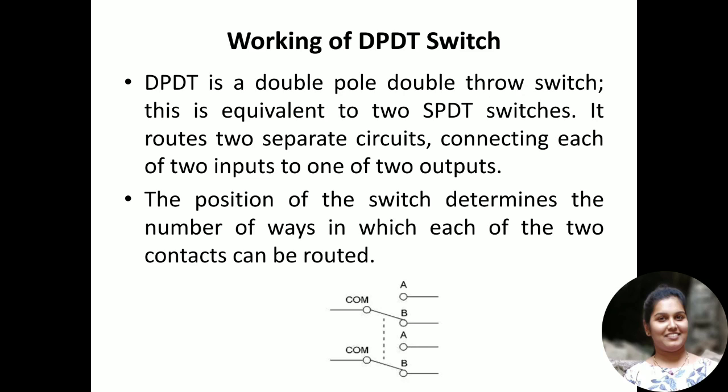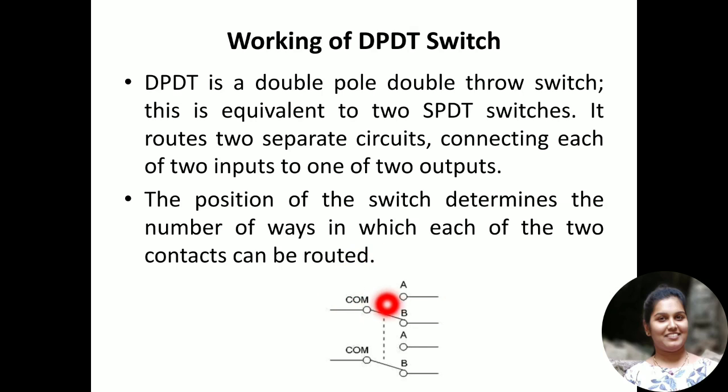So DPDT is a double pole double throw switch, which is equivalent to two single pole double throw switches. This we have already discussed: a single pole double throw switch has three terminals. Just now I said we have terminals A, B and a COM.